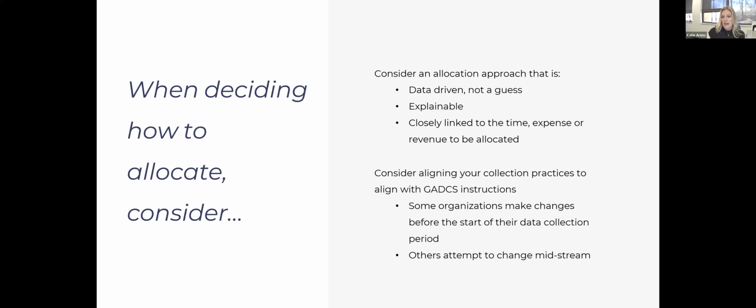When deciding how to allocate, it's important to make sure that it's data driven and that you're not guessing, that you can explain the method or the algorithm calculation that you chose to use, and that it's closely aligned with the time, the expense, or the revenue that's being allocated. Something else important to note is to make sure you're writing it down. For instance, on labor, maybe you're choosing to allocate based on number of responses.